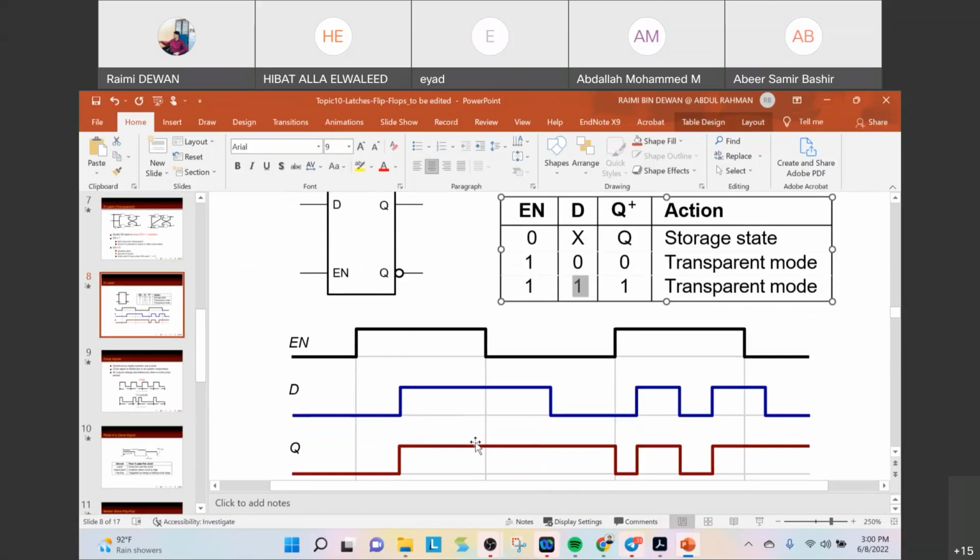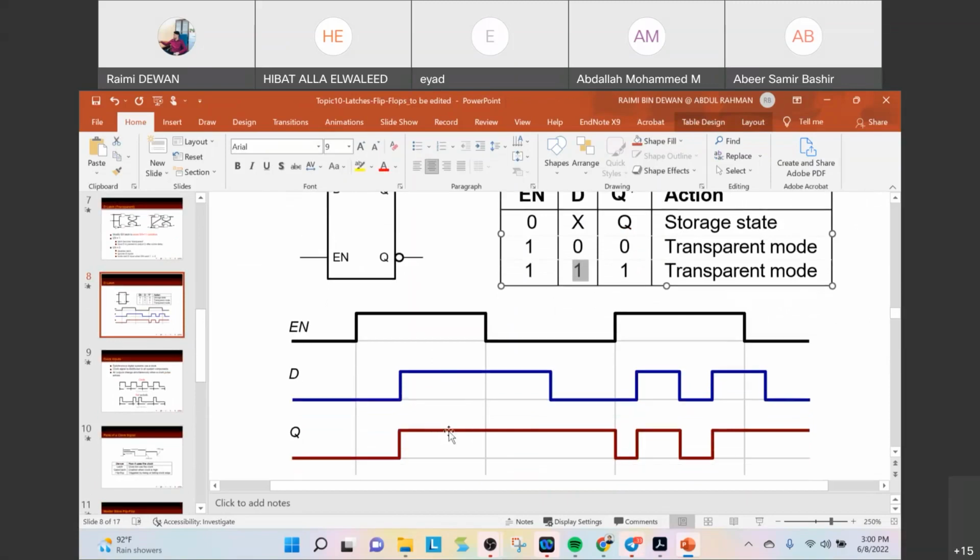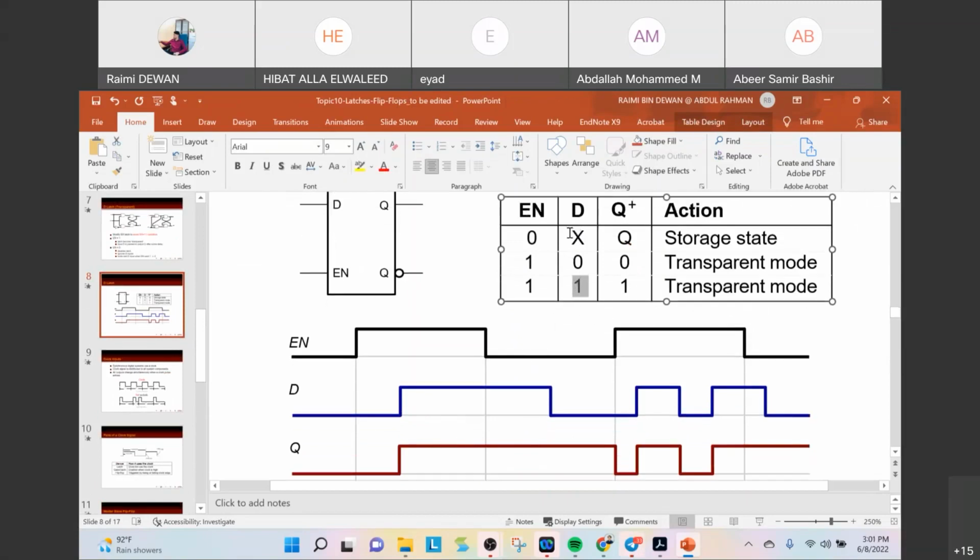It just follows whatever you have at your D as your Q outputs. And then if you have your D also high, D is also high. And if your enable is high and your D is 0, it will just follow what you have, with some delay.